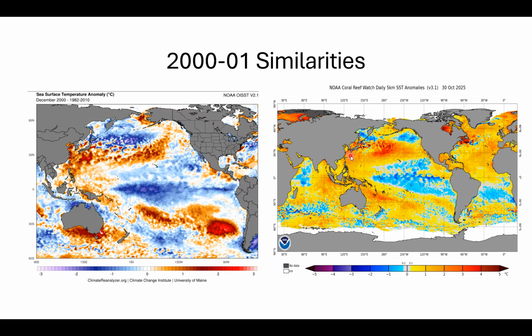In the western Pacific, we saw above normal waters there, north of Guam, southward in the area of the Philippines. We see that right now in October 2025 on the right, and that matches up well with the warmer than normal waters on the left for December 2000. So I still really do think there are some similarities here between December 2000 and late October 2025 as far as those water temperature anomalies across the Pacific Ocean.